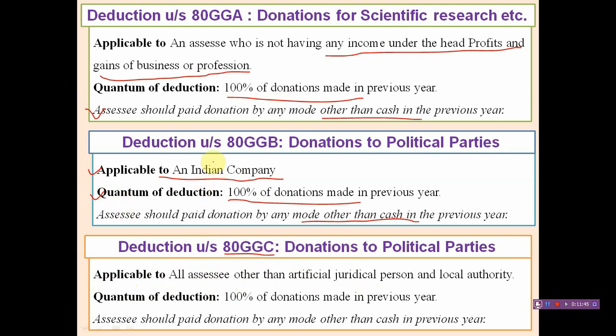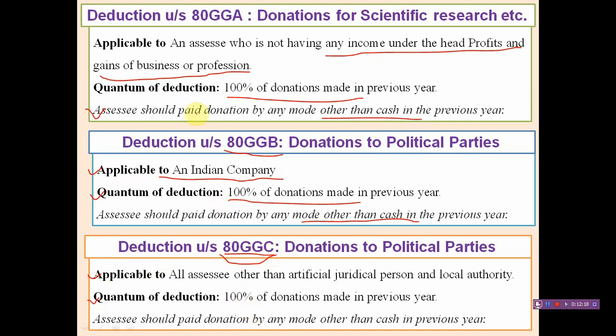It means donation under section 80GGB is applicable only to companies. Other than a company, if an assessee donated to a political party, then he can claim deduction under section 80GGC. So it is applicable to all assessees other than artificial juridical persons and local authorities. And the quantum of deduction is 100% of donations made in the previous year.